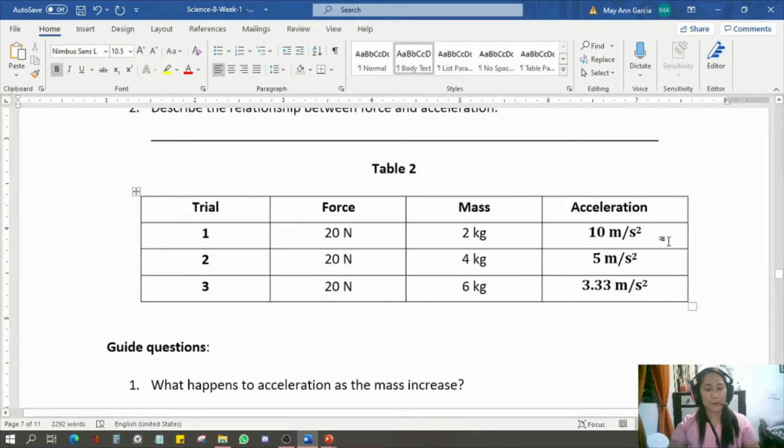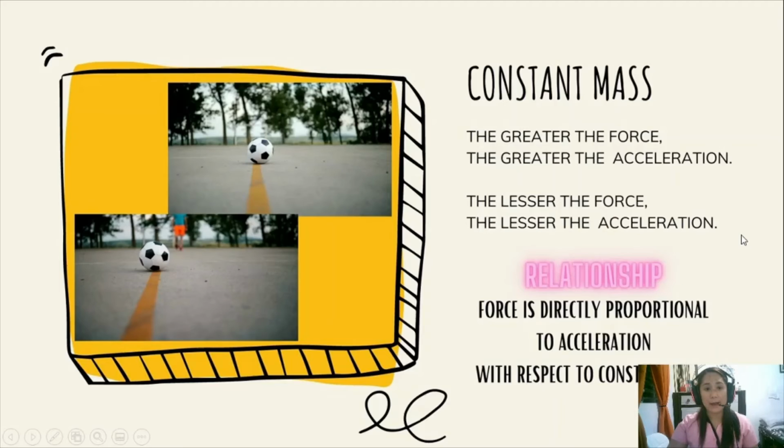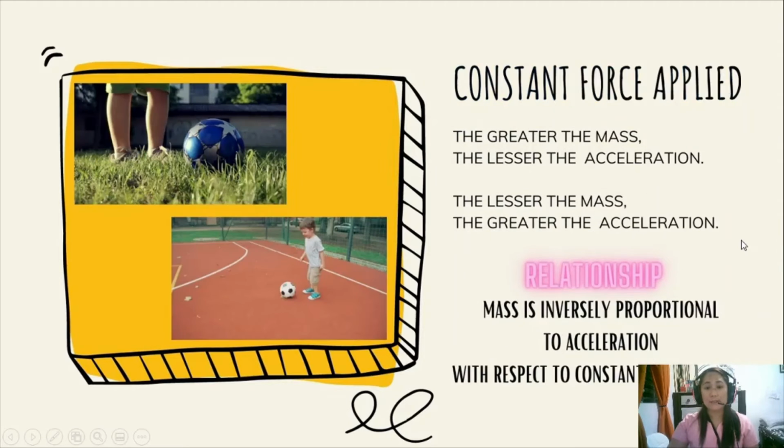So, if we're going to look back in our presentation, if the force applied is constant, the greater the mass, the lesser the acceleration. The lesser the mass, mas magaan siya, the greater its acceleration. So, the relationship between mass and acceleration is inversely proportional. Do you have any question?